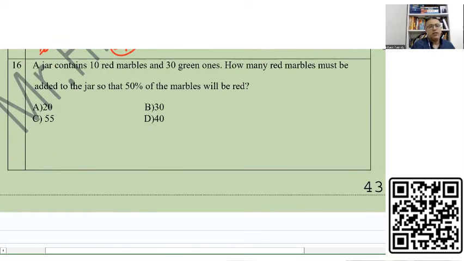A jar contained 10 red marbles and 30 green ones. How many red marbles can I add to the jar so 50% of it will be red? Let's try a number. What if I add 20 red marbles?